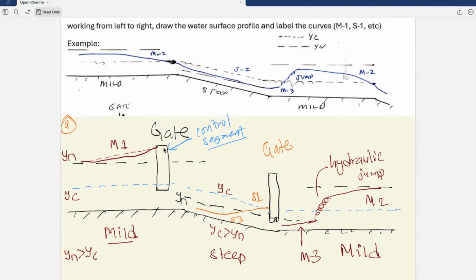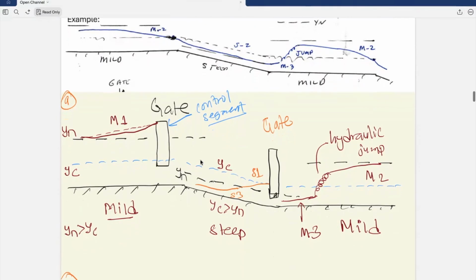And after gate 1, on the steep section, yc is greater than yn. The gate forces water thin and fast below both yc and yn, which is zone 3, or S3, and water rises toward normal depth on the steep channel.